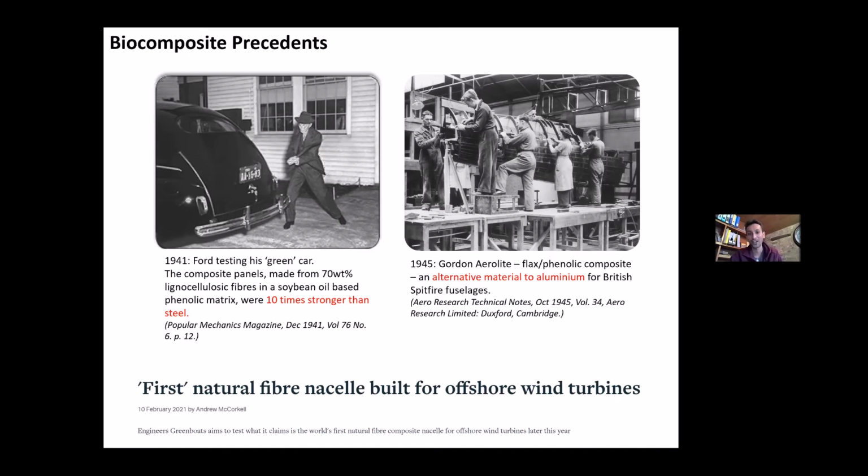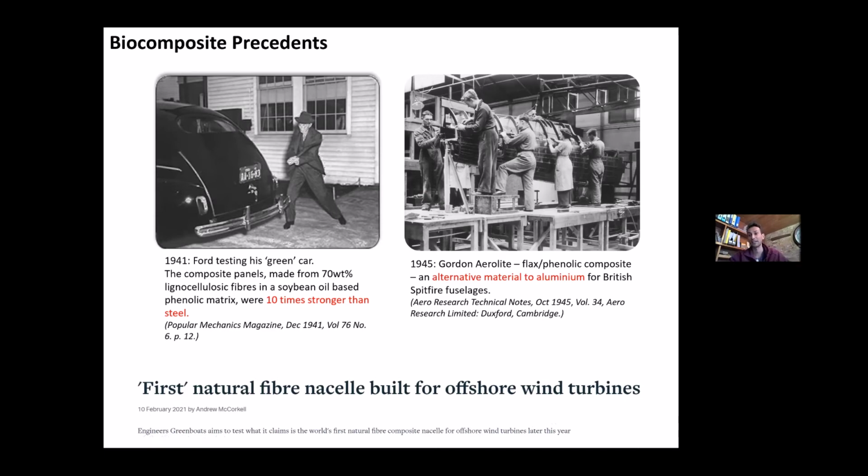Recently we have come across Trabant, which in Germany was used for cotton phenolic composite parts for automobiles. And very recently, a couple of months ago, Cycomin and Green Boats have come together to fabricate one of the world's first natural fiber nacelle cases for offshore wind turbines.